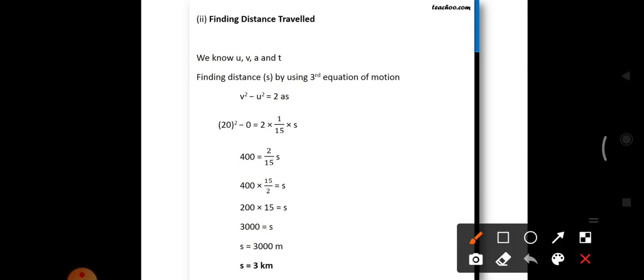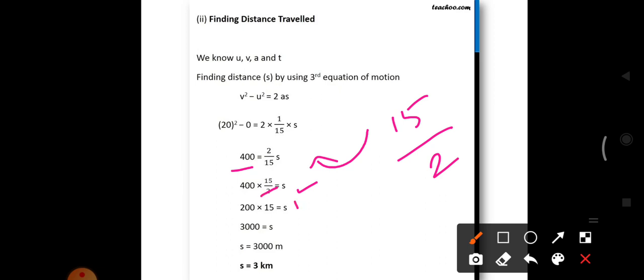The next one, 20 into 20, 400. 400 minus 0, 400 equal to 2 by 15 into s. When the 2 by 15 comes to the left hand side, it is 15 by 2. So 400 into 15 by 2 equal to s.